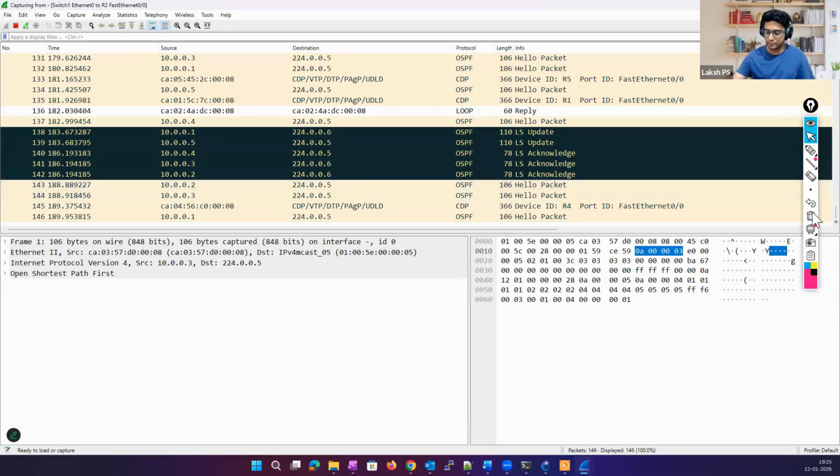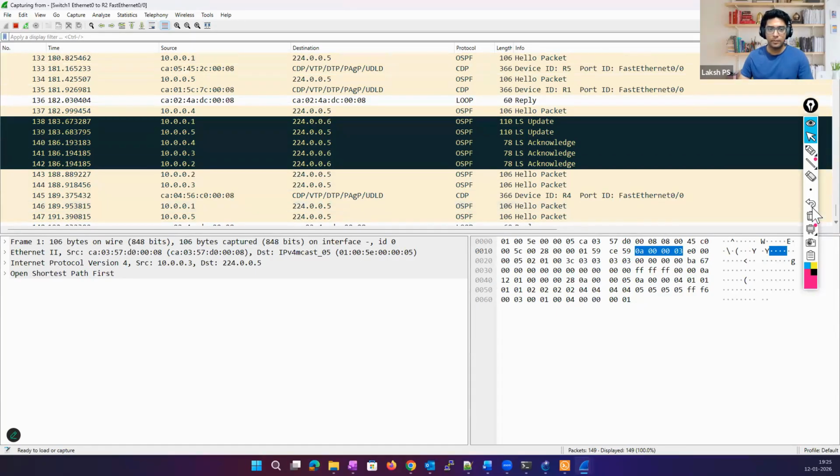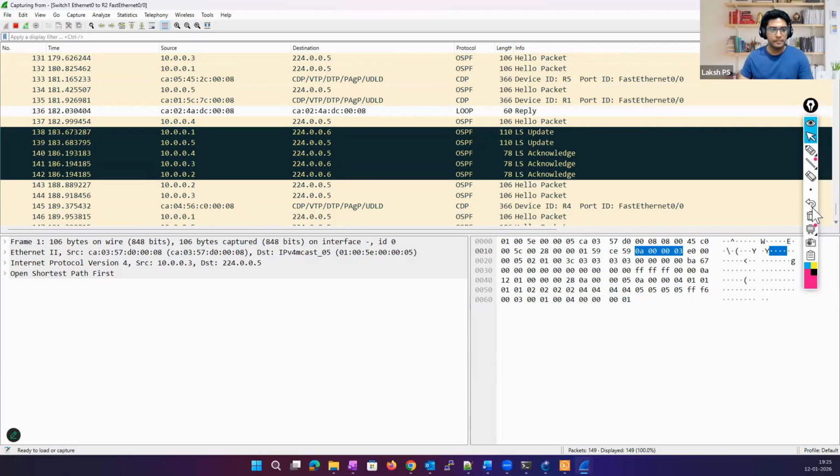You will see here R1 sending a multicast message at 224.0.0.6.